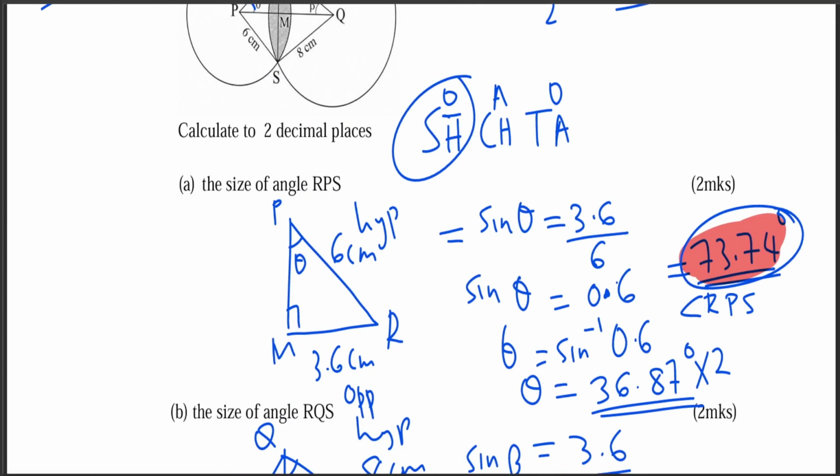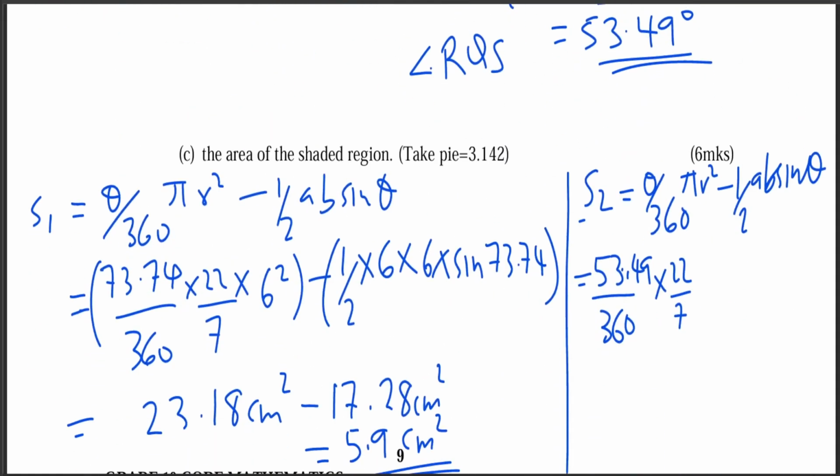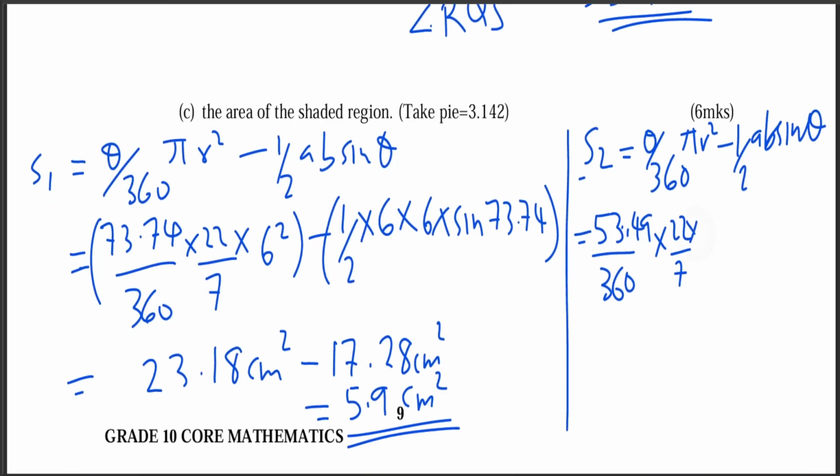Radius yetu ni 8 and not 6 now. So times 8 squared. So this one minus a half times AB, which is still 8 times 8, which is 8 squared, times sine 53.49. Haitoshi, lakini itabidi tu squeeze.